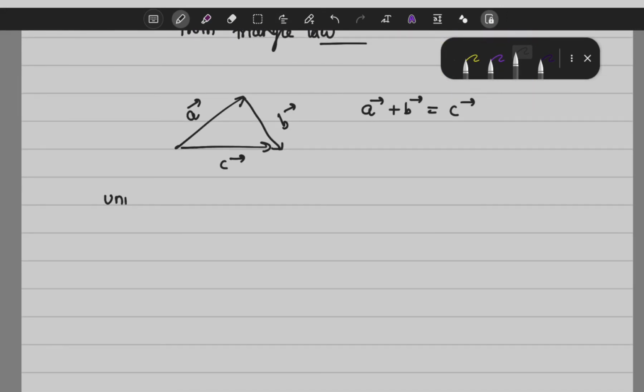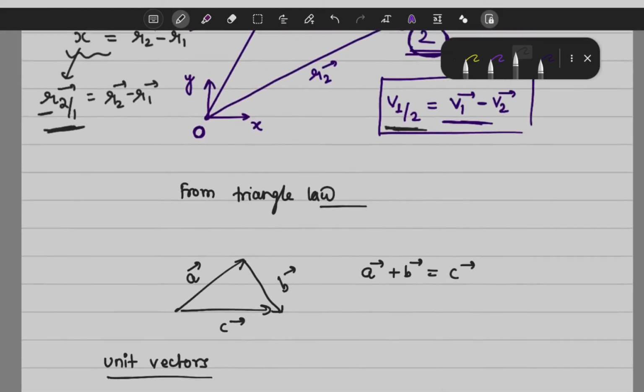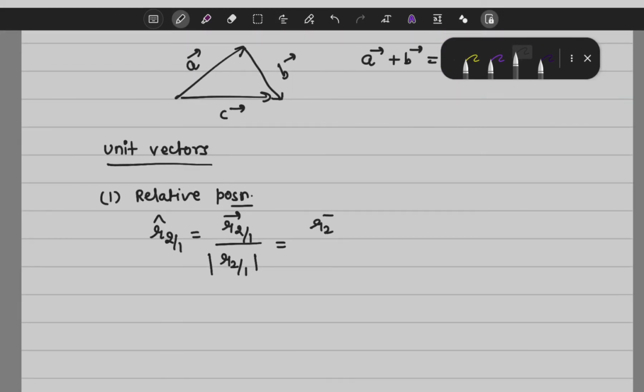So let us first find the unit vectors. For relative position, r21 cap is equal to r21 vector divided by the r21 magnitude, which is r2 vector minus r1 vector divided by the absolute value of r2 minus r1.